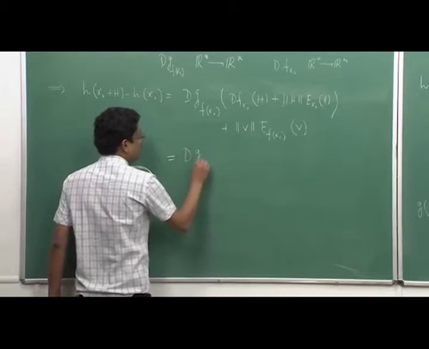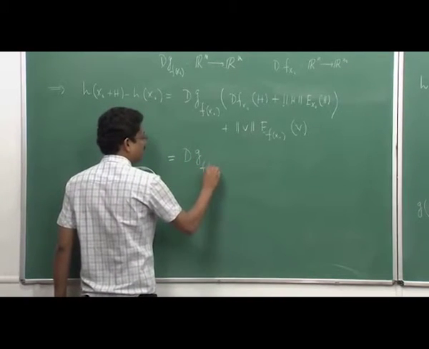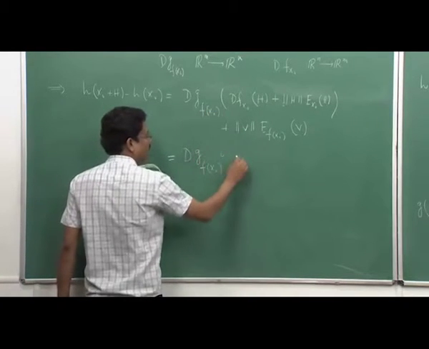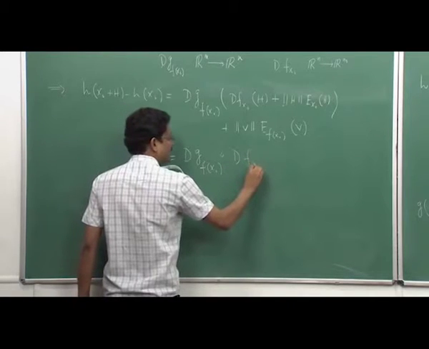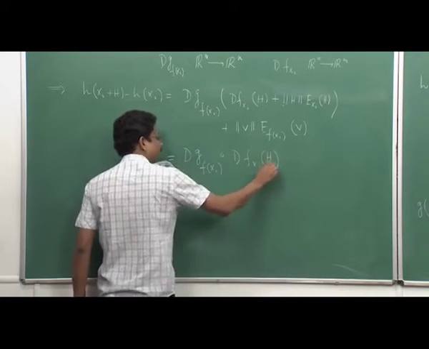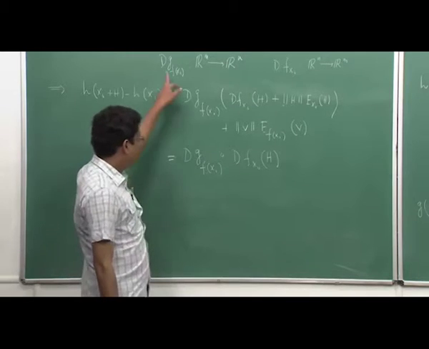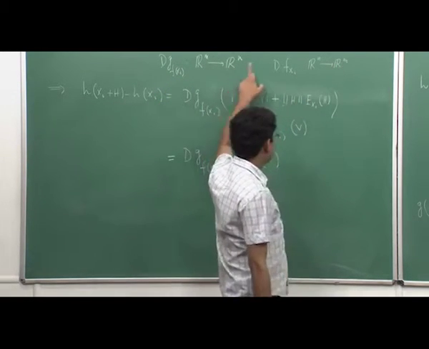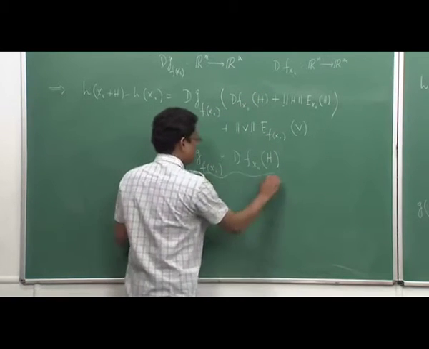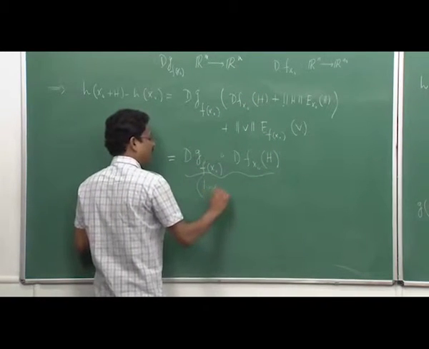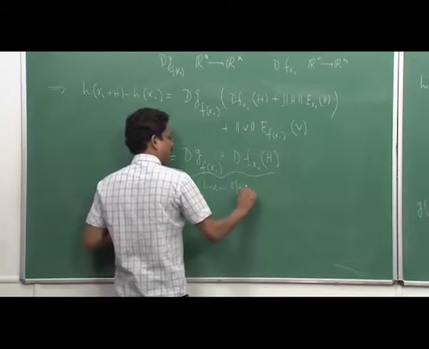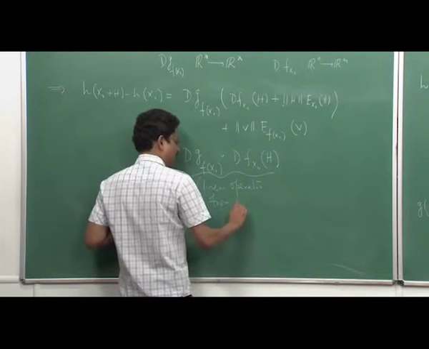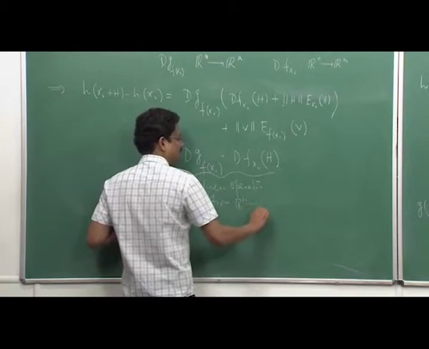So, that gives me d g f x naught composition of d f x naught. So, if I have an operator from first Rn to Rm and then Rm to Rk, then this is a linear operator from Rn to Rk.